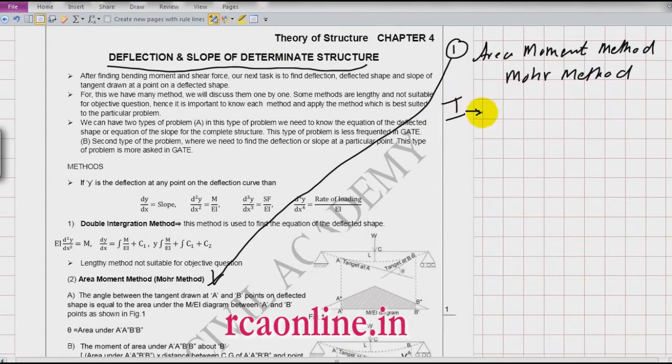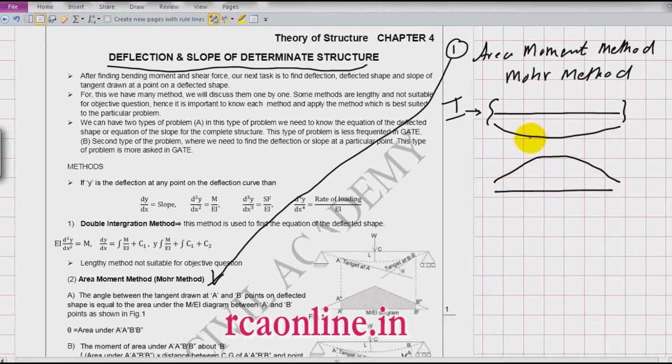The first theorem says that if I have part of a beam with some deflection, and its bending moment diagram is something like this, with points A and B, and I draw one tangent at A and one tangent at B, then the angle of intersection theta is nothing but the area under the M over EI diagram.